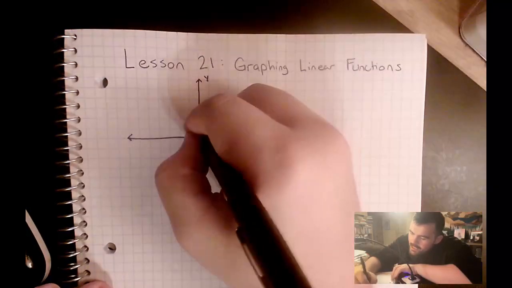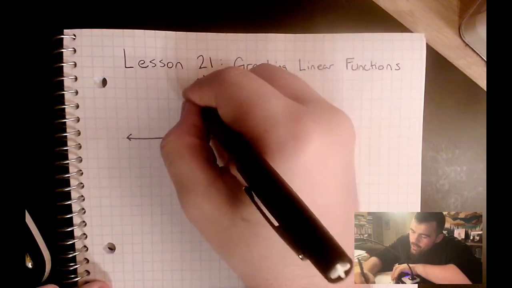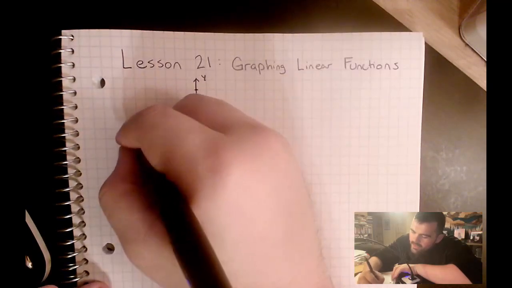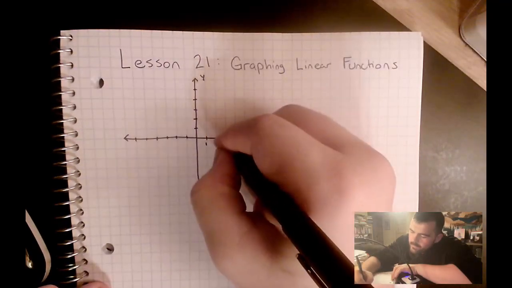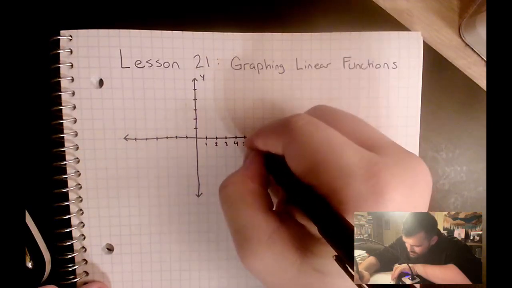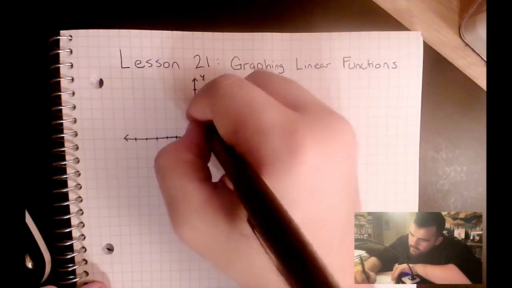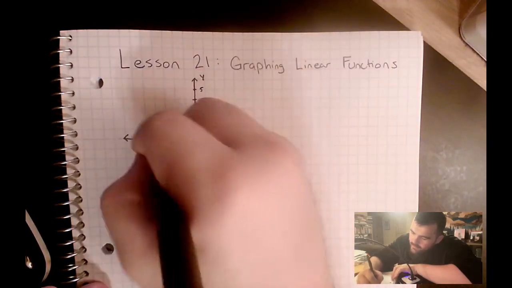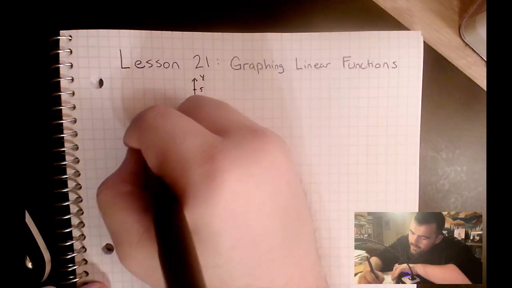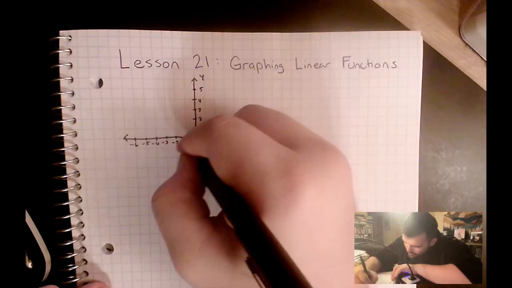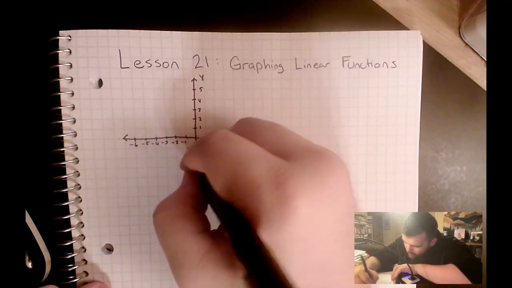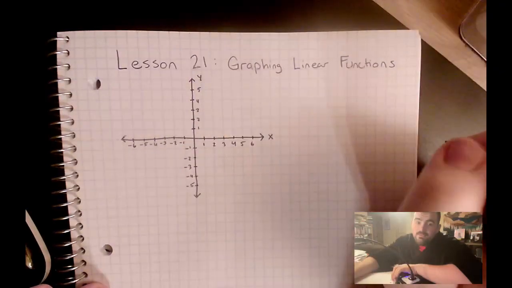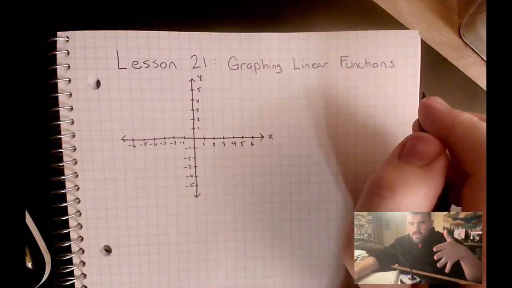I'm picking examples that will make this easier to do without worrying about labeling, because writing 1, 2, 3, 4, 5, 6 and -1, -2, -3, -4, -5, -6 is time consuming, and it takes up a lot of space on our graph.